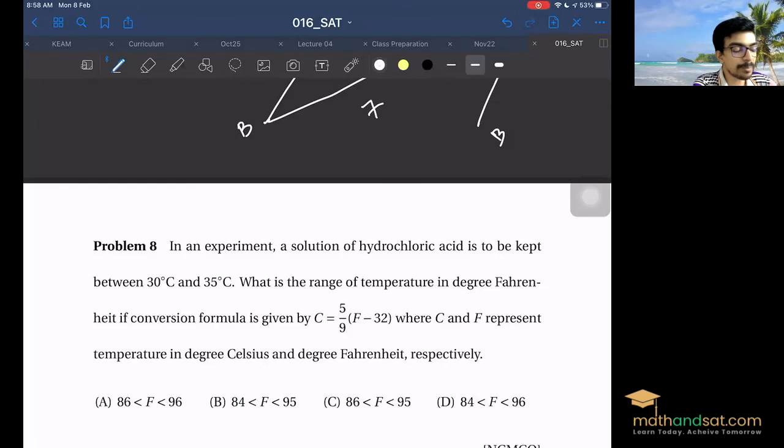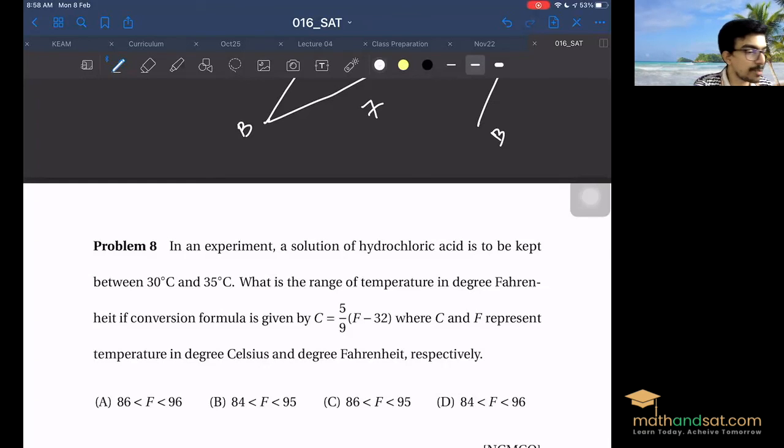What is the range of temperature in degree Fahrenheit if the conversion formula is given by C equals 5 by 9 into F minus 32, where C and F represent temperature in degree Celsius and degree Fahrenheit respectively?